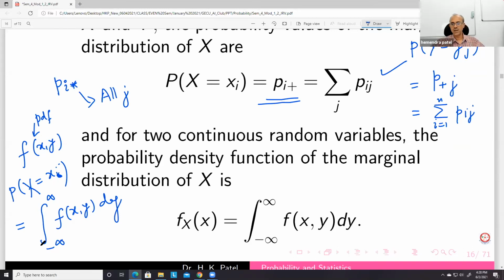Whatever limits are given in the problem, we have to take here. For example, in the last case, we had a lower limit y equal to 20 and an upper limit y equal to 35, in the mining ore problem.